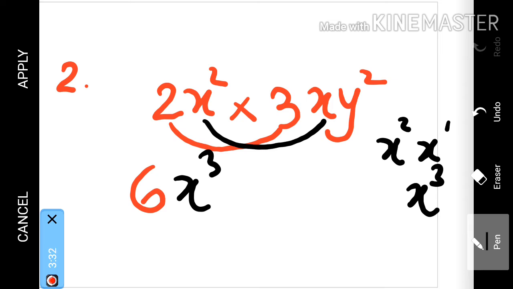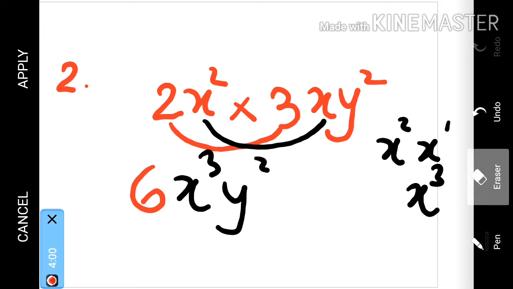There is no y variable in the first term, so y square comes as it is. This is the multiplication of 2x square into 3xy square. Fine? Is that okay, children? Yes. Let us take another example. We will study 2-3 examples so it becomes a little easier to understand.